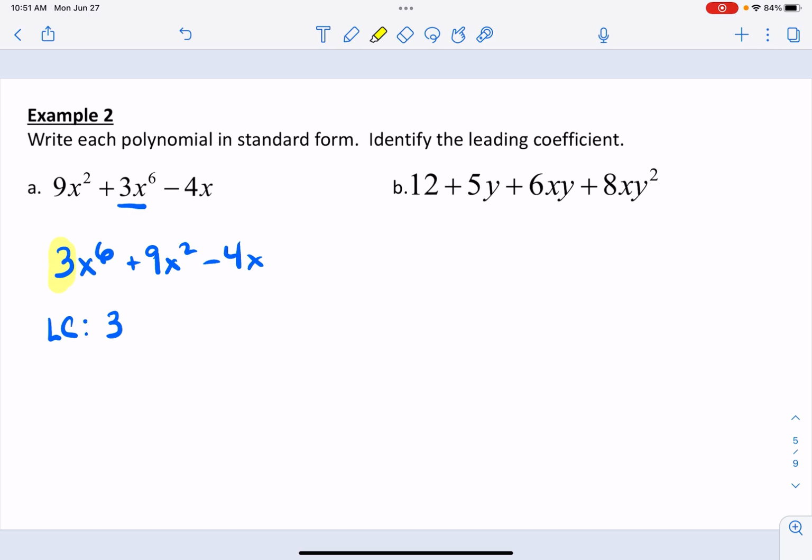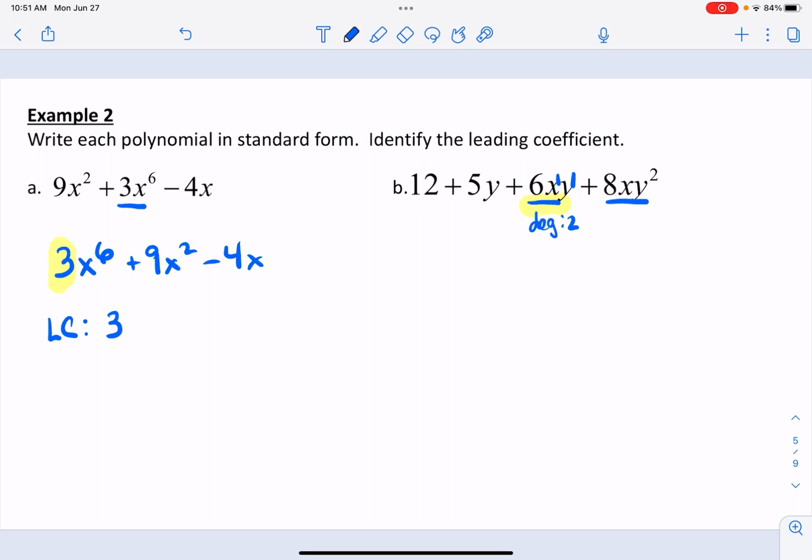Now this one's interesting. I actually learned something when I made up this example. I was kind of torn on what the highest degree was. What you have to look at is each one of these individual terms. The degree here is 1, the degree here is 1, so technically that term has a degree of 2.